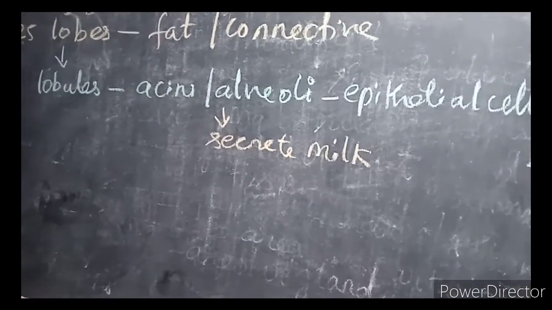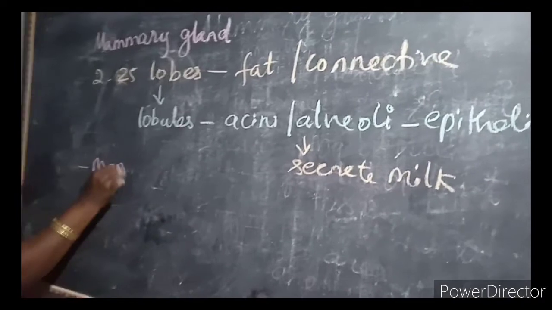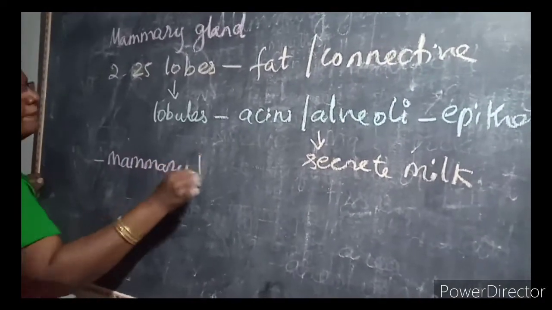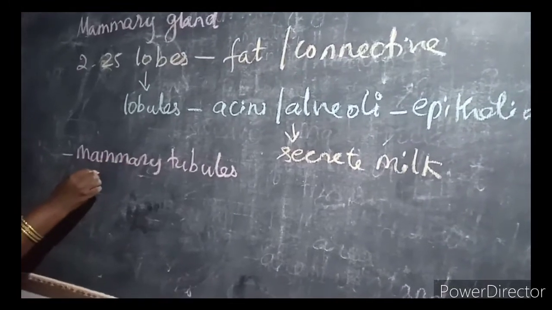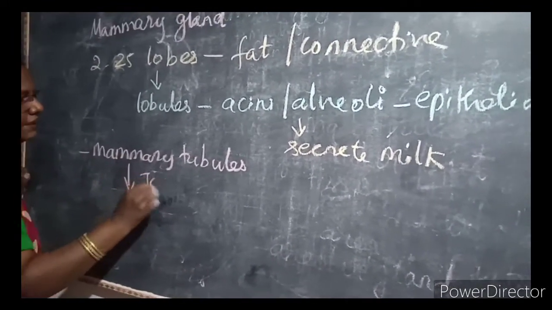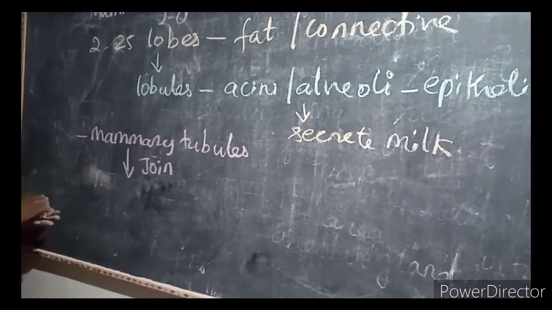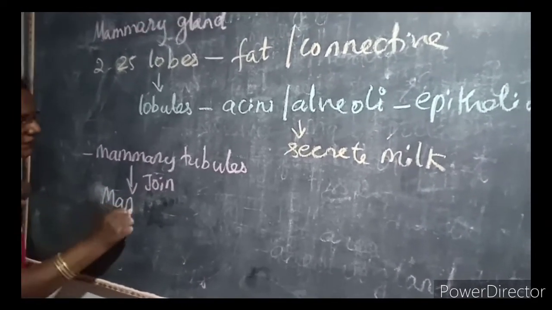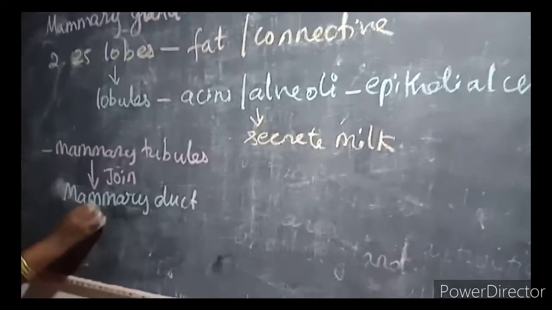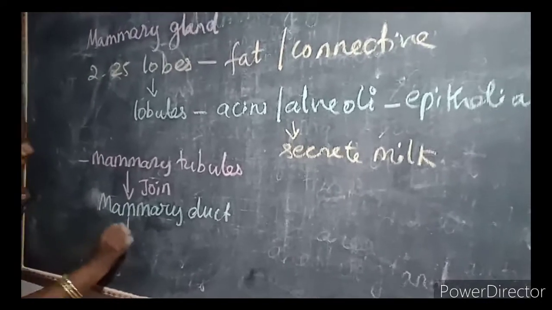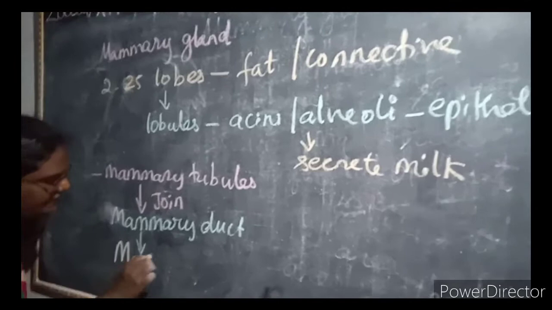Then the alveoli extend to form mammary tubules. These mammary tubules join to form a mammary duct. Then this mammary duct joins to form a mammary ampulla.